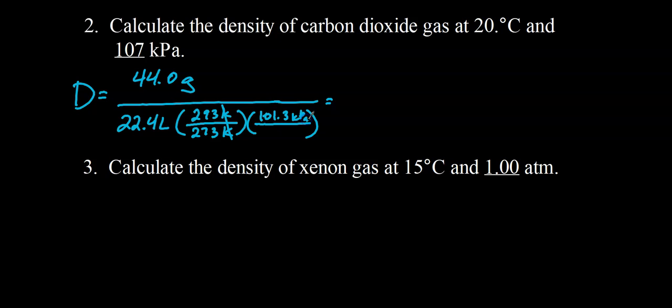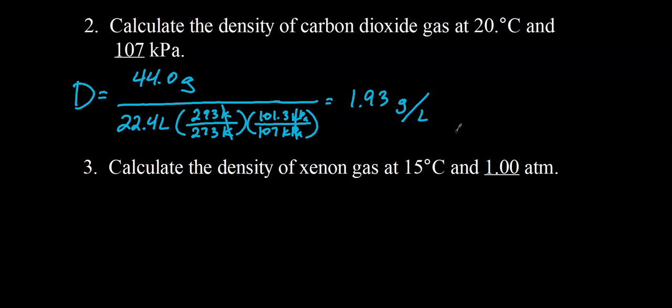So we'll put standard pressure on top in kilopascals and the 107 on the bottom. Let's do this. Just calculate the volume and we'll do a comparison. Calculate volume and then we'll finish with density. The volume you get is rounded to 22.8, so either way, ideal gas law or ratios of temperatures and pressures, we still get 1.93 grams per liter.